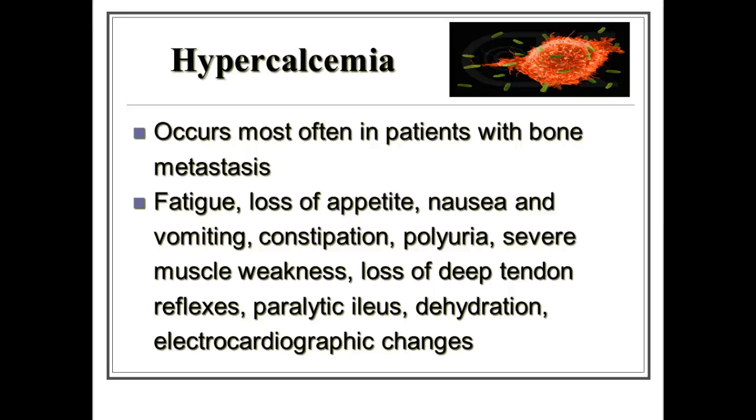You want to do an ECG and make sure that there are no changes. And basically, you're gonna treat it. You're gonna hydrate them. You can give them oral glucocorticoids and calcitonin.